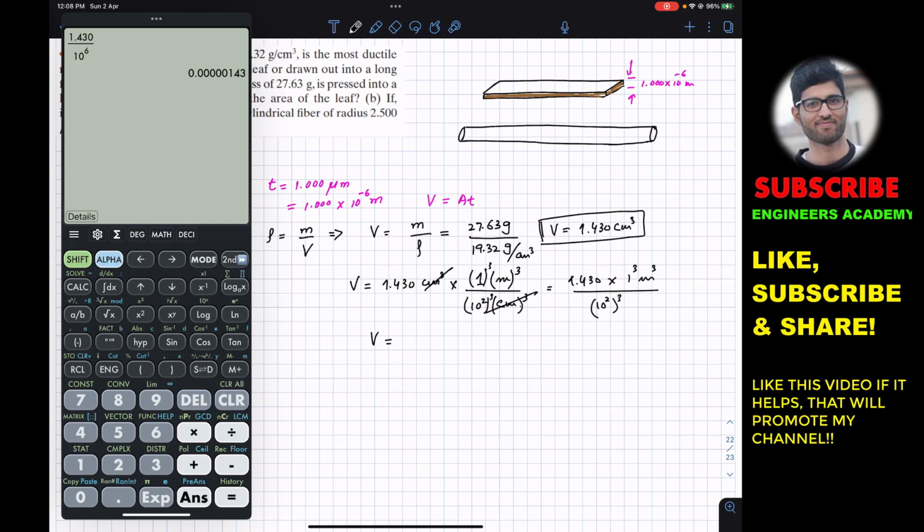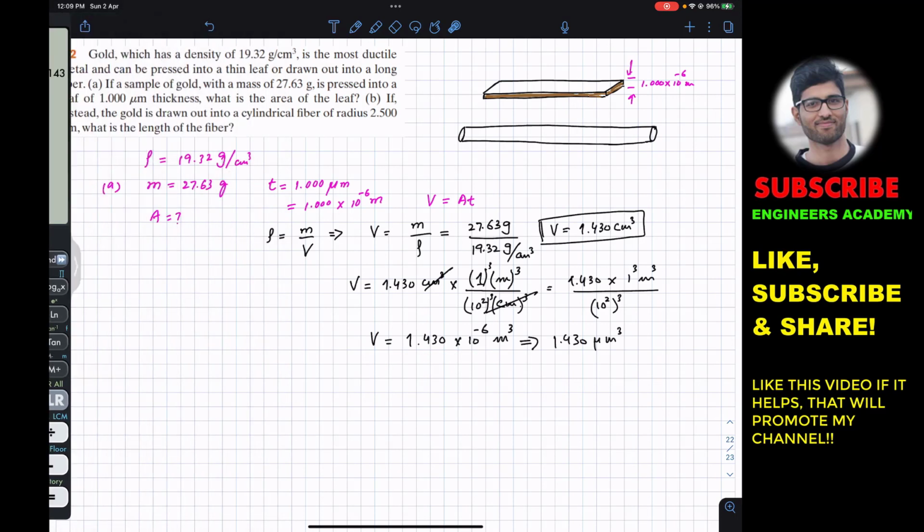This is 1, 2, 3, 4, 5, 6. So this is 1.430 into 10 raised to the power minus 6 meter cube, or we can say micrometer cube, but we will use this value. This is 1.430 into 10 to the power minus 6 meter cube is the volume.